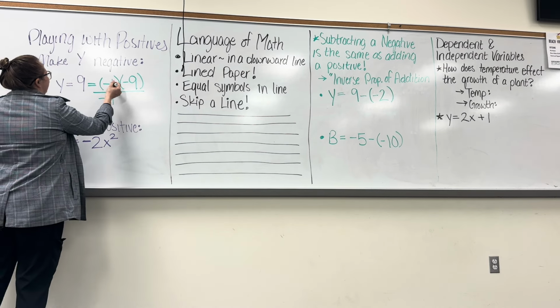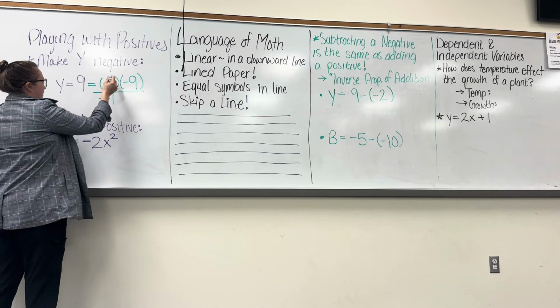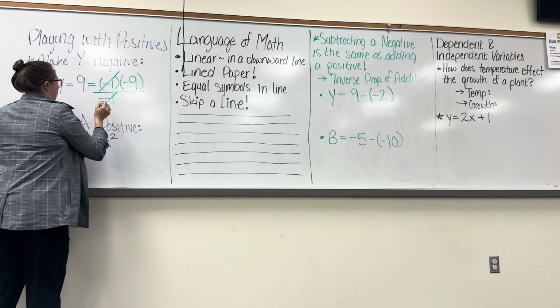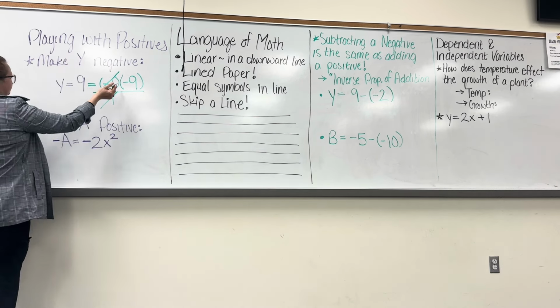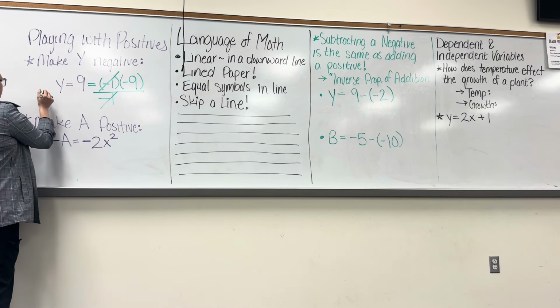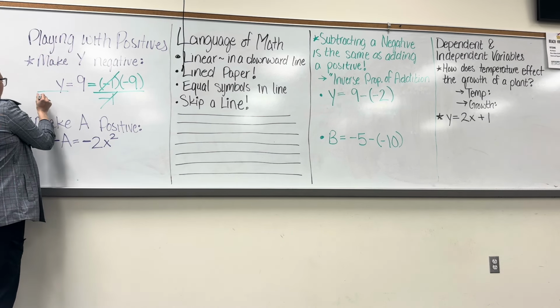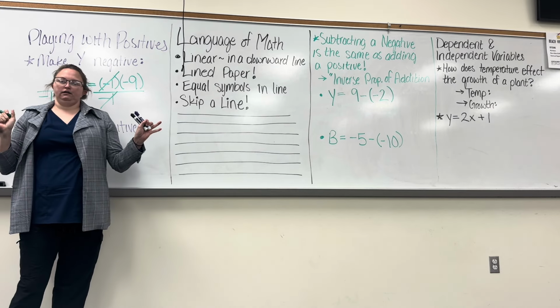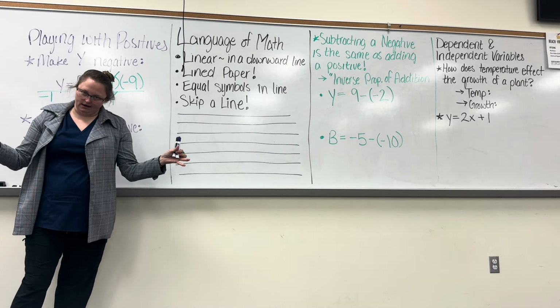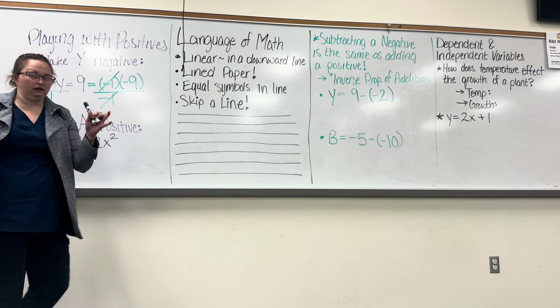But -1 divided by -1 cancel each other out, because -1 divided by -1 is 1. And we're going to divide y by -1. Y divided by -1 is -y, okay? Or -1y.